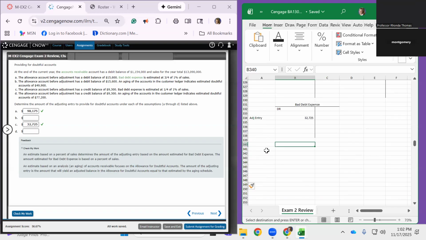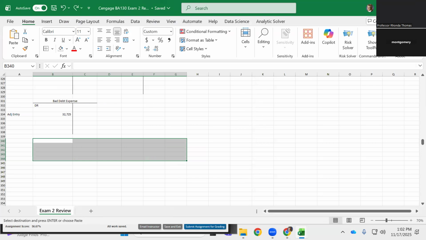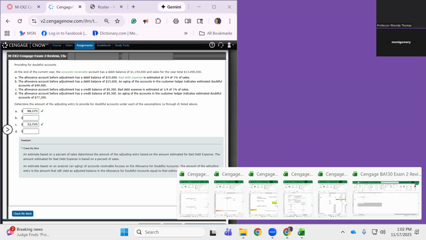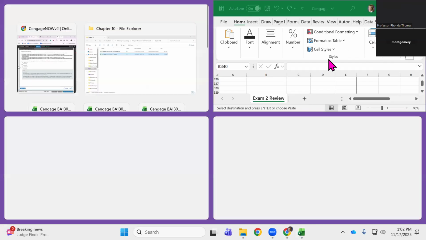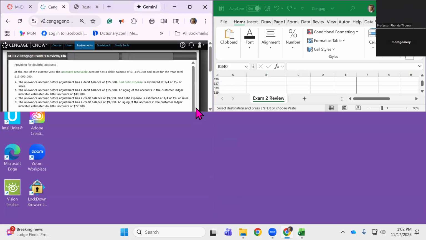One method finds bad debt expense, and the other method finds how much is supposed to be in the balance of that allowance account. A lot of words, a lot of language. I know, and pretty soon it all sounds the same. I get it.